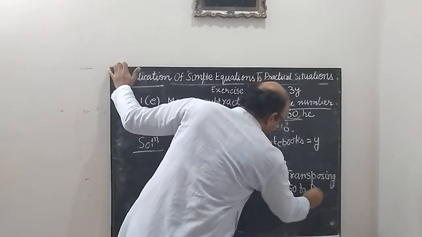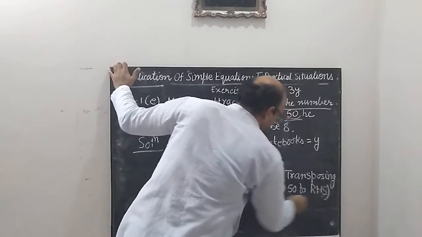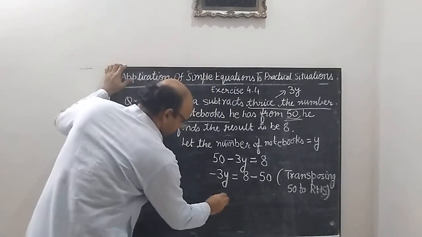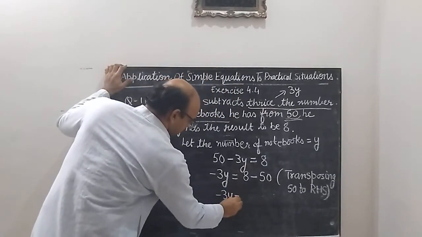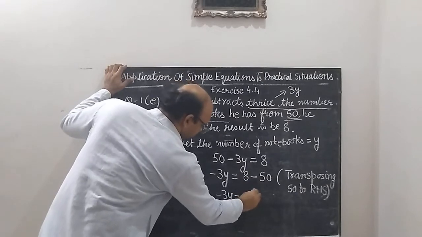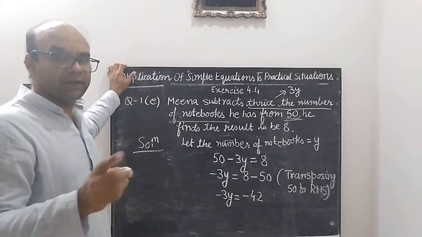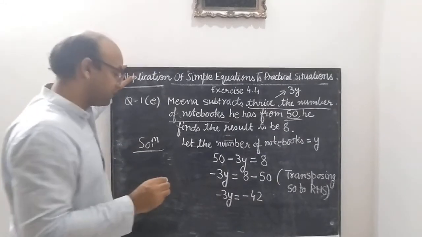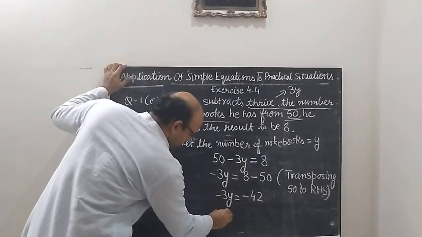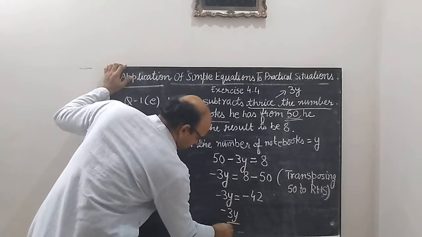Okay, so we have minus 3y, and 8 minus 50 is minus 42, and then we divide both sides by minus 3 so that minus 3 is removed.